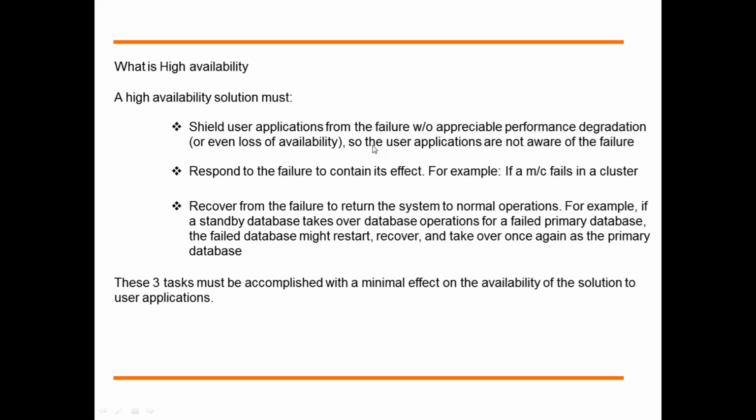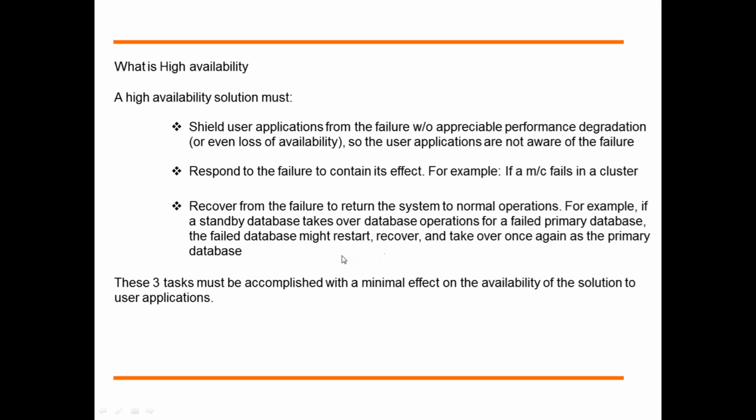A high availability solution must shield user applications from the failure without appreciable performance degradation or even loss of availability. So the user applications are not aware of the failure. Similarly, a high availability solution must respond to the failure to contain its effect, for example, if a machine fails in a cluster. Also, it recovers from the failure to return the system to normal operations.